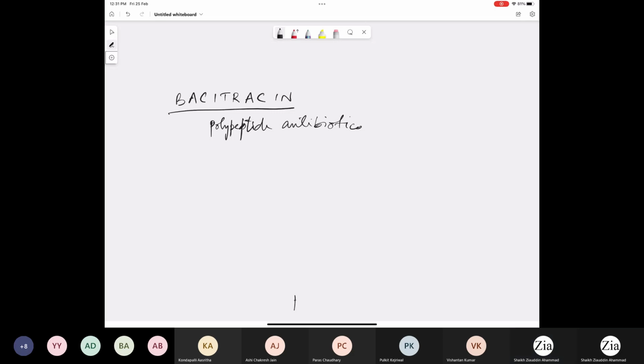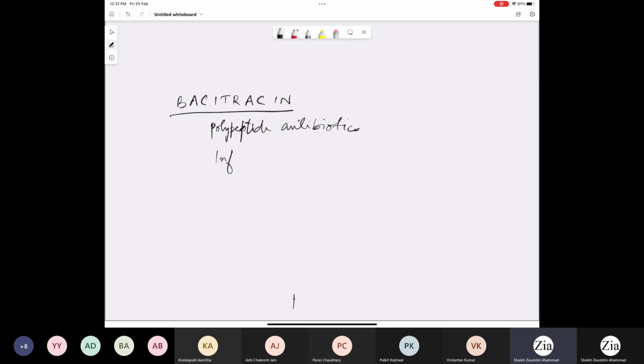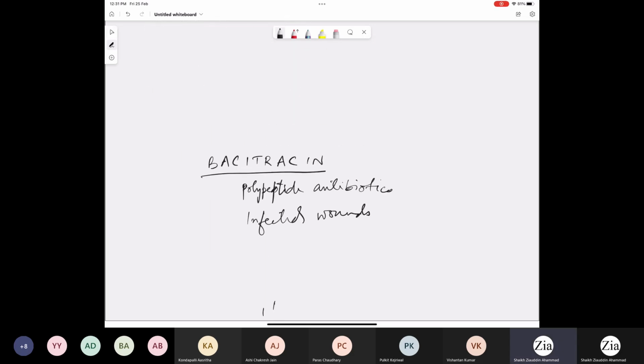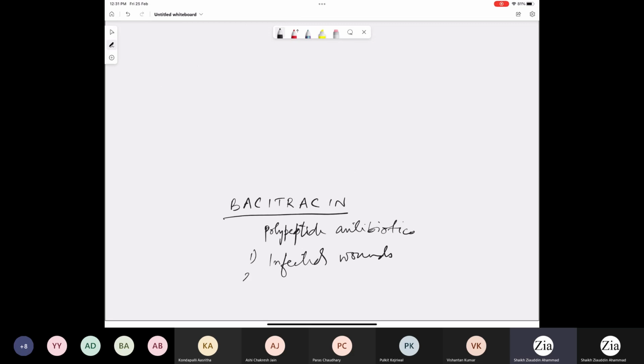Mostly in humans, it is used for infected wounds, and also different skin diseases like dermatitis or keratitis. These are all human applications.